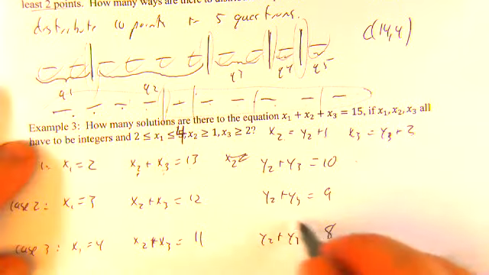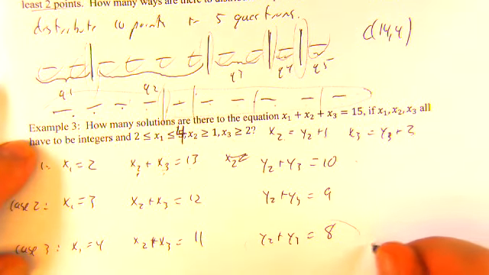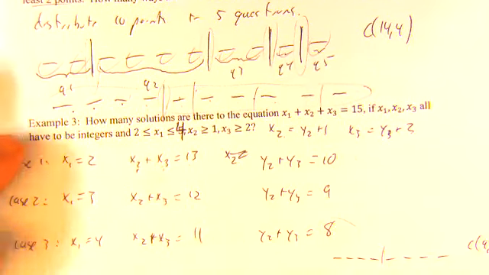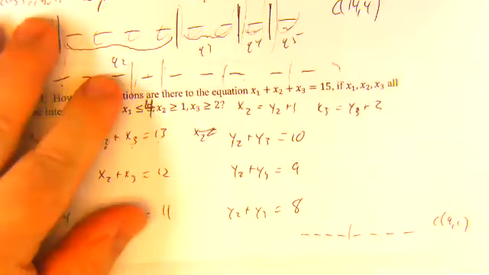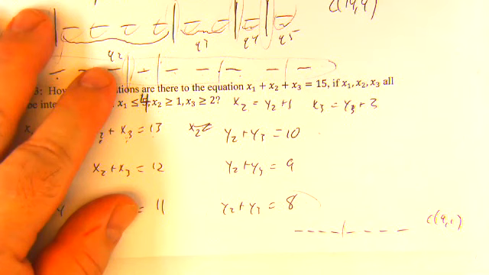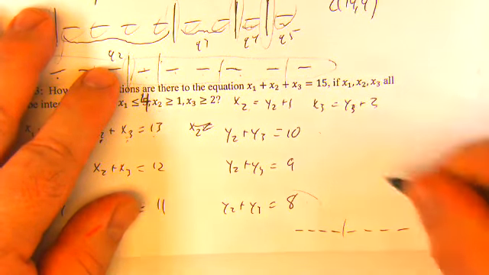So if I look at y2 plus y3 equals 8, I think there are 8 spaces and 1 divider. So it should be C(9,1). So there should be 9 ways to add 2 numbers together that are between 0 and 8 to get 8. And why is that?